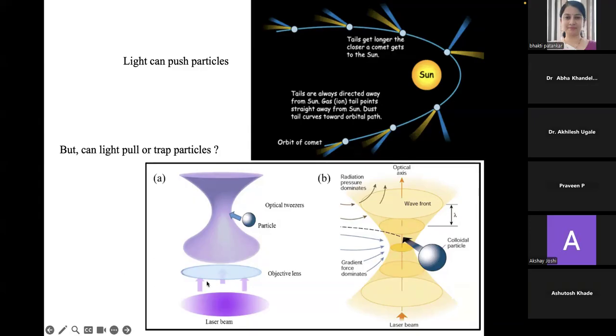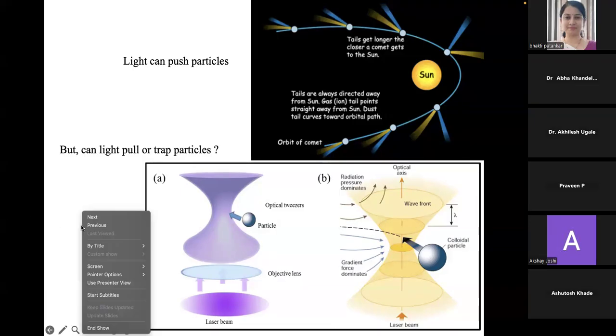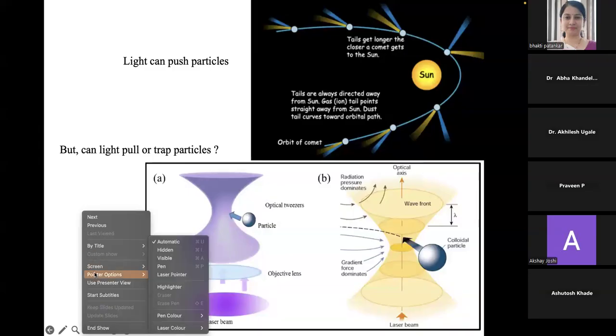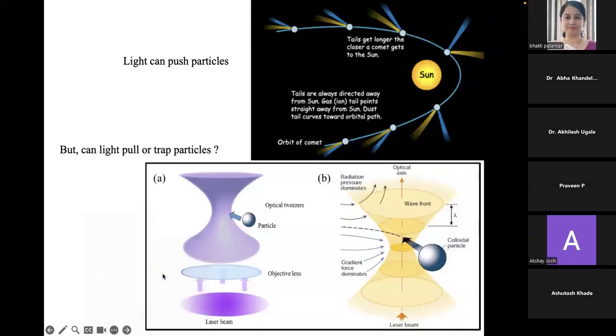What he really did was he took something called a high numerical aperture objective lens. He took a highly focusing lens. That is what it is. The high numerical aperture objective here. One second, let me pull my laser pointer. Yes, so this is a high numerical aperture objective.